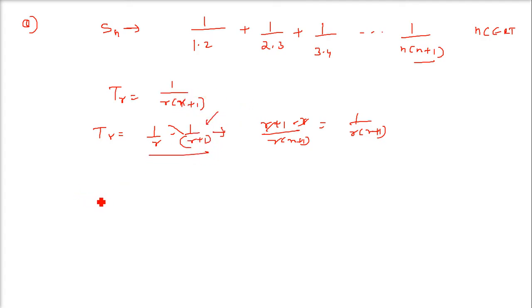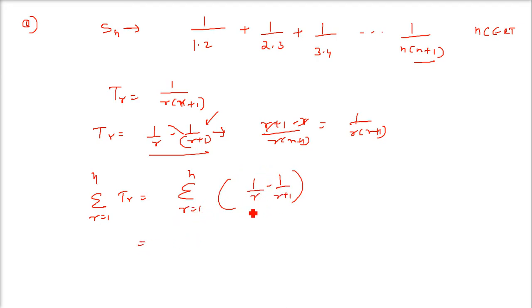Now we'll employ this. We have to take sigma r equals 1 to n Tr. This is nothing but sigma r equals 1 to n of 1 by r minus 1 by r plus 1. So first we'll take r equals 1.